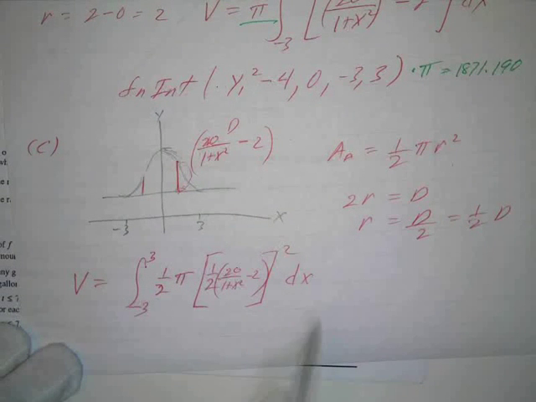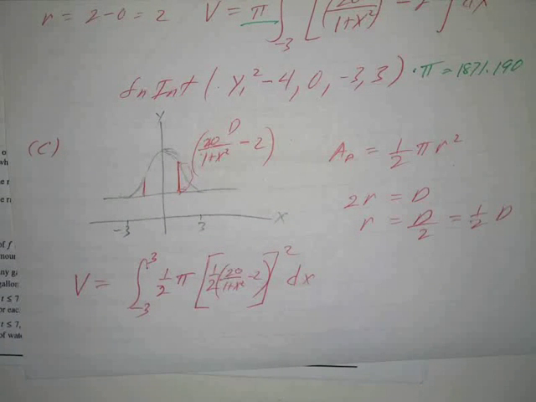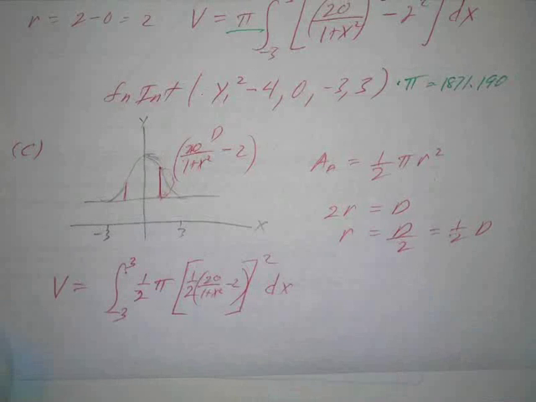So that's my radius. Okay, 1/2 the diameter. This is diameter, top curve minus bottom curve. So there's your integral. So if you write it like that, you've got your integral set up. Okay? So 1/2 pi r squared. Our semicircles, okay? That makes sense.